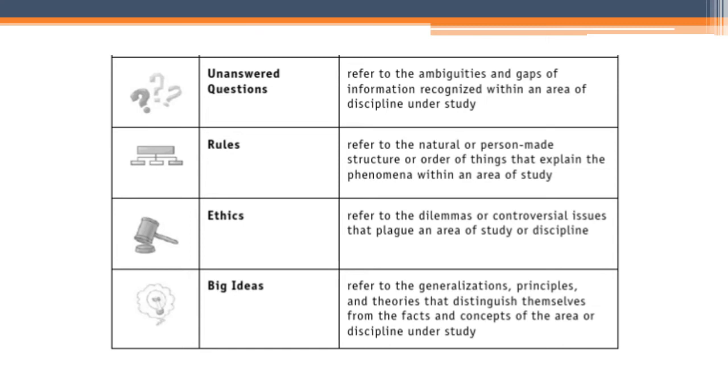Next, the ethics strategy for having greater depth. It refers to the dilemmas or controversial issues that plague an area of study or discipline. An example question is, do intelligence test results have a greater impact in determining a gifted learner? How about the skills of that student?